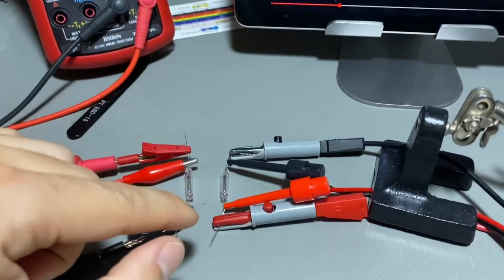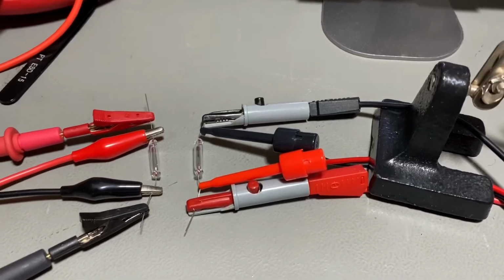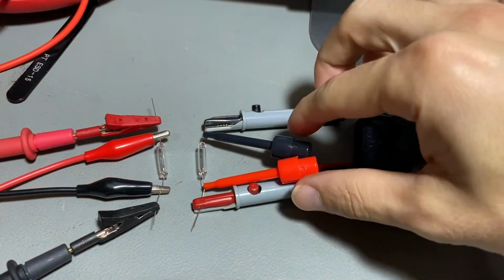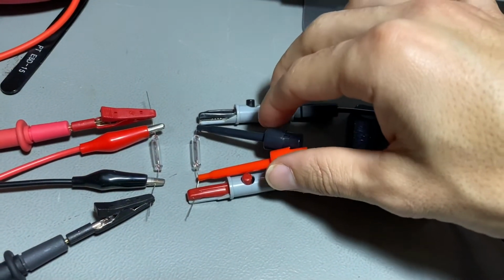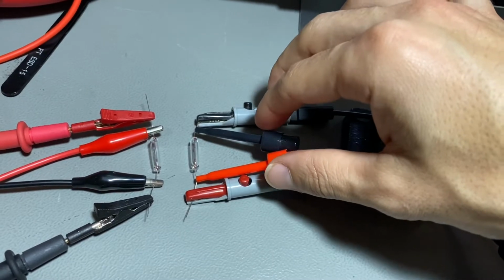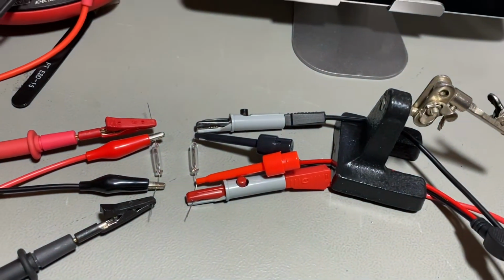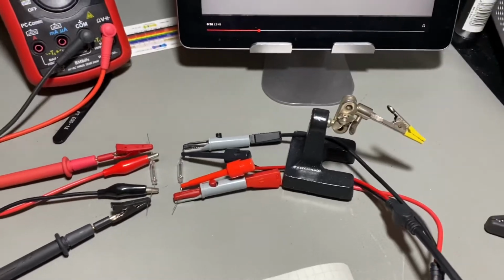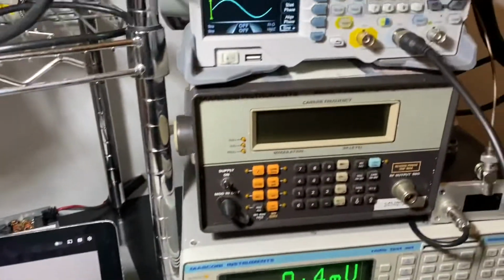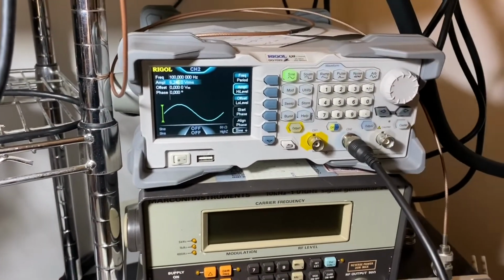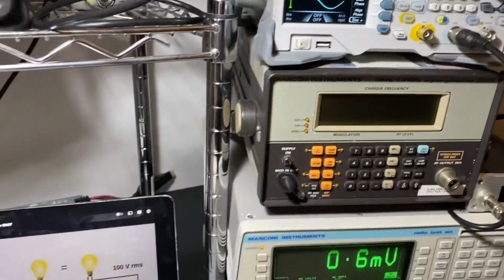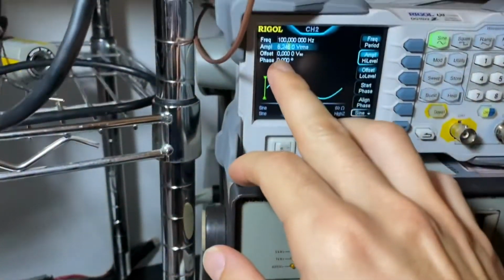On the right side, I'm feeding an AC signal through these two clip-ons, and the AC signal is coming from this generator, and I am at 100 hertz.